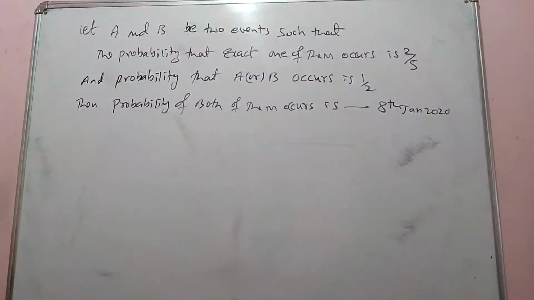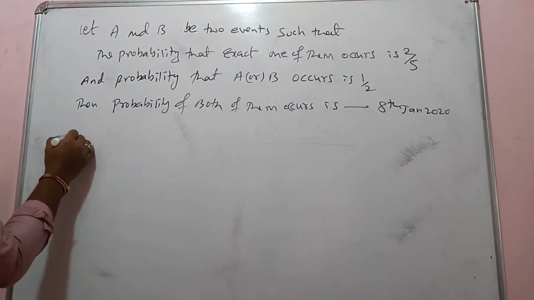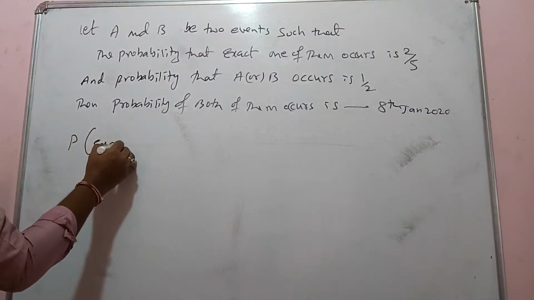Okay, let us solve this question. The question is saying, let A and B be two events such that the probability of exactly one of them occurring is 2 by 5. Exactly one of them occurs means what?